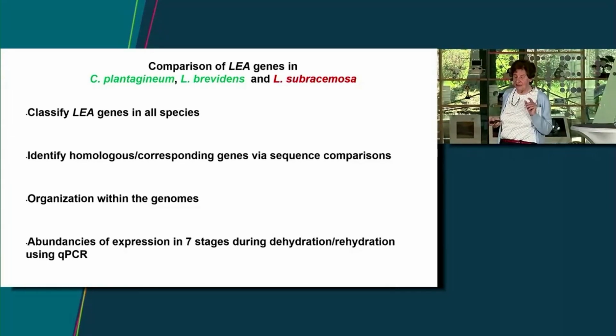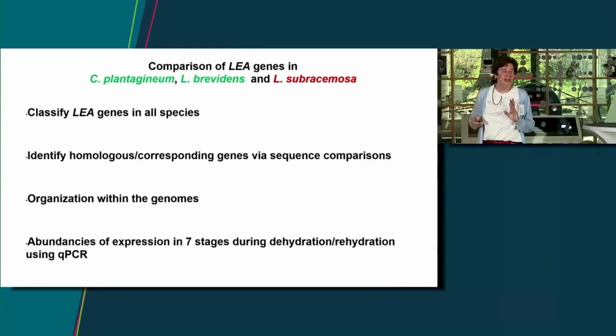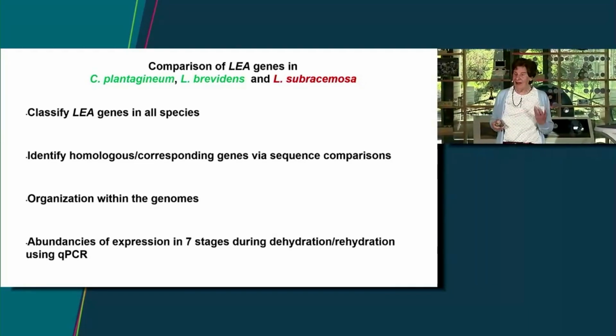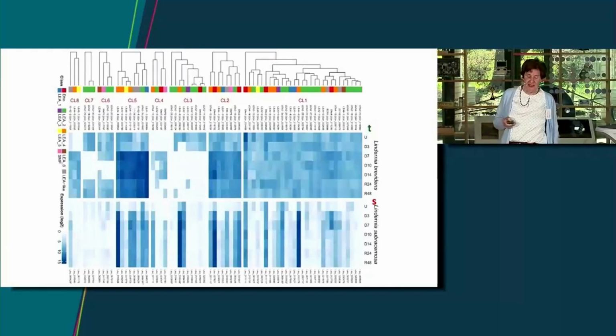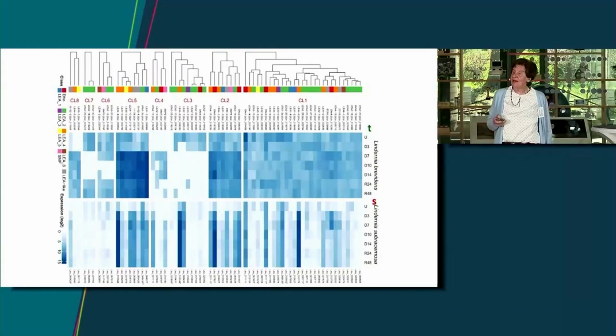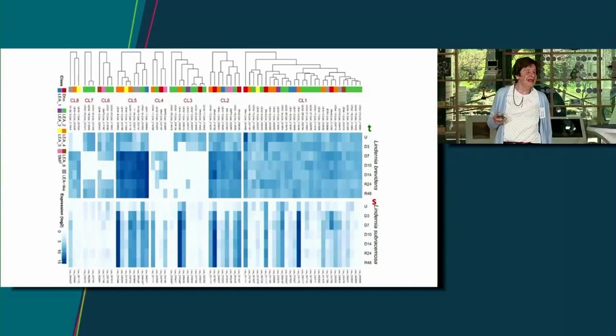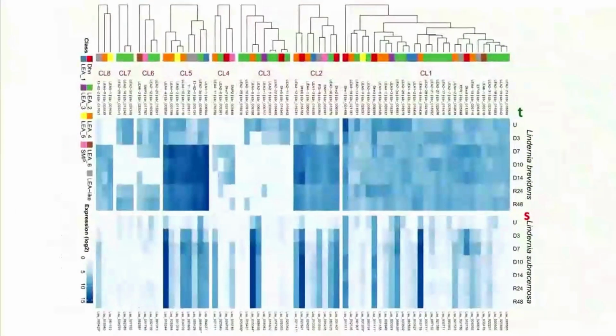The next slide is a relatively busy slide, but I just want to give you at least one piece of experimental evidence. Here you see the expression profiles of the Lea genes in the 2 Lindernia species: Lindernia brevidens, desiccation tolerant, in the top row, compared to Lindernia subracemosa in the bottom row. 7 stages of dehydration and rehydration are compared.